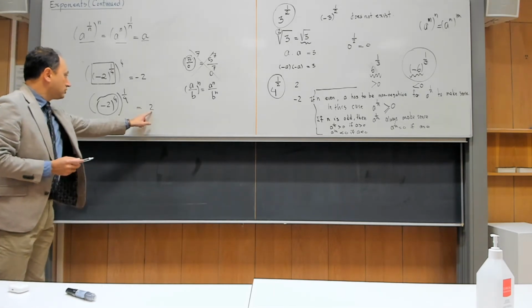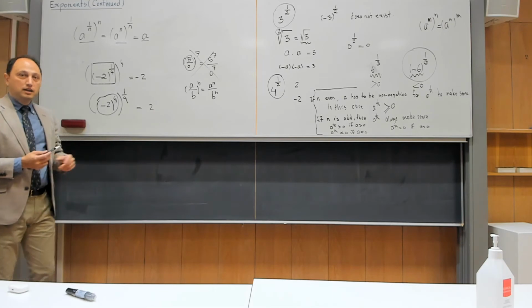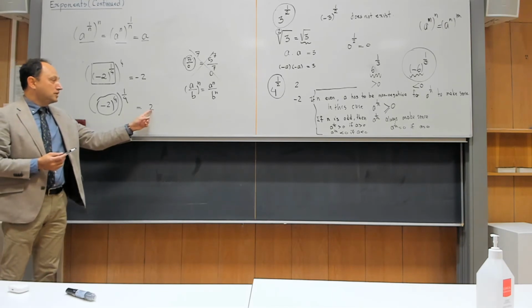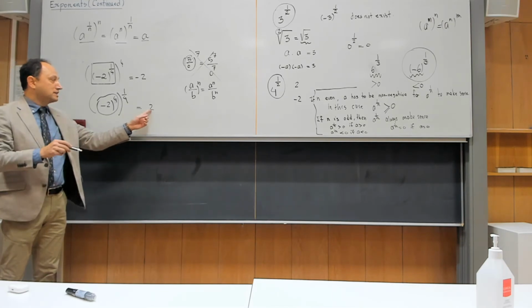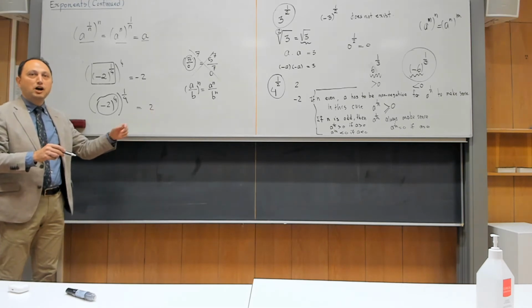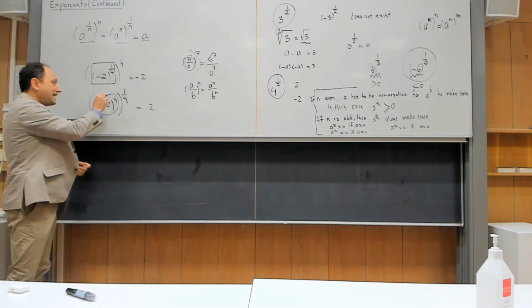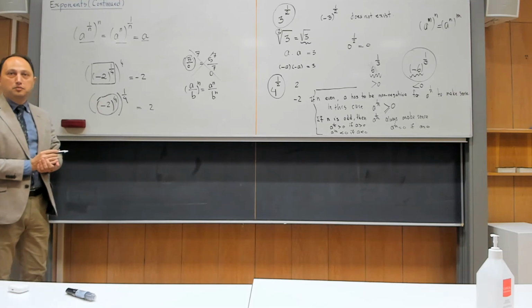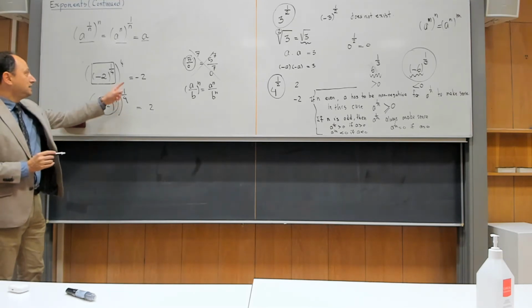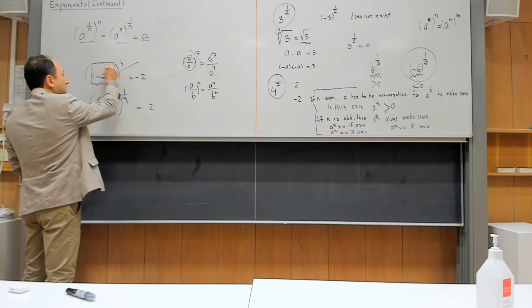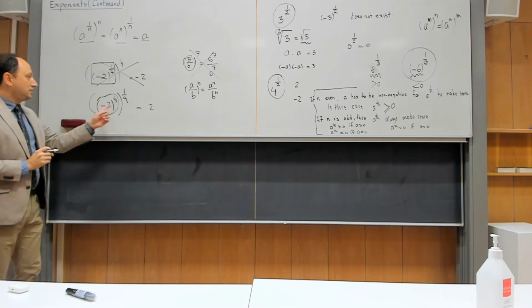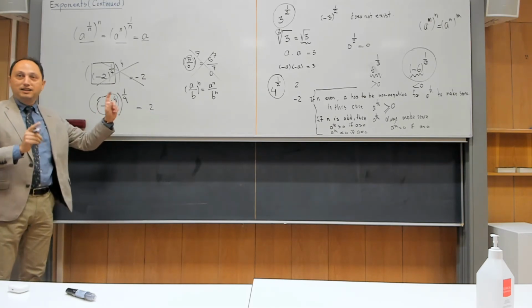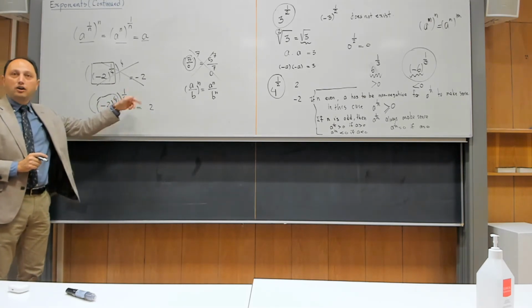So now, this answer is correct. Why? Because this is the unique real positive number that, when I multiply it by itself 4 times, becomes 16, which is exactly what this is another name for. So you see, this was wrong, and then suddenly this becomes correct, and then this minus sign is gone.